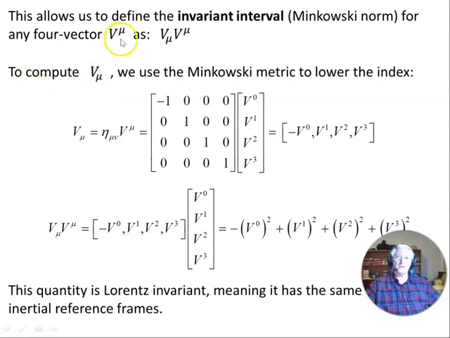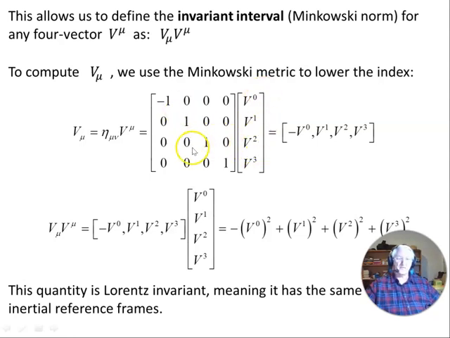So anyway, to compute this lowered index here, we've seen this V with the upper indices on the previous slide. So to compute this, we use the metric to lower the index. So V lower mu, the covariant component, is the metric eta mu nu times the contravariant component. In that case, the metric raises and lowers indices, as I've pointed out in many other videos.